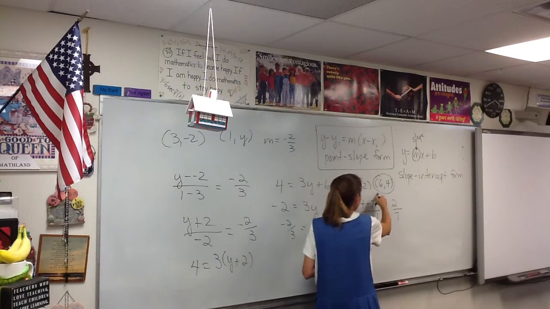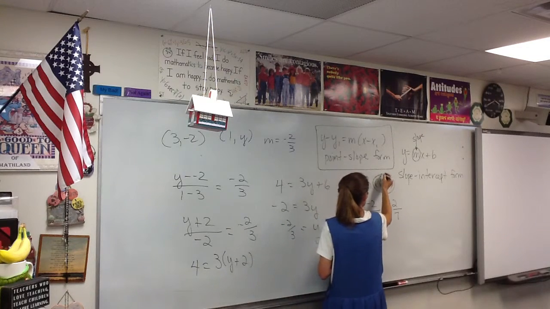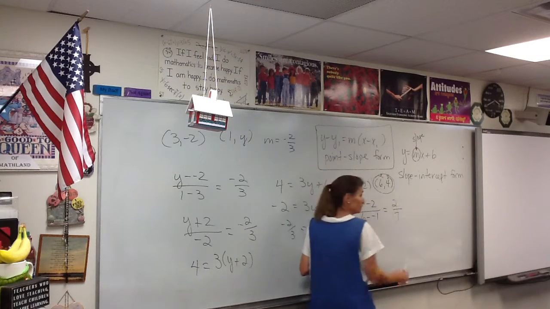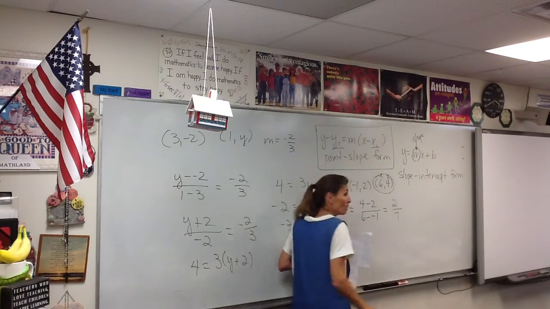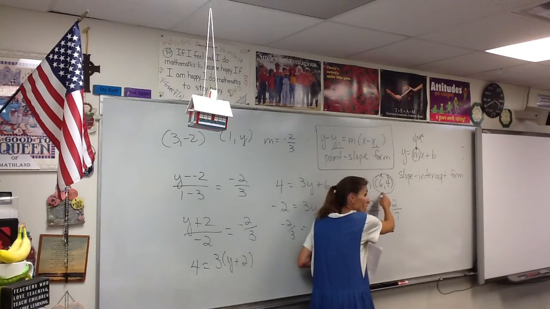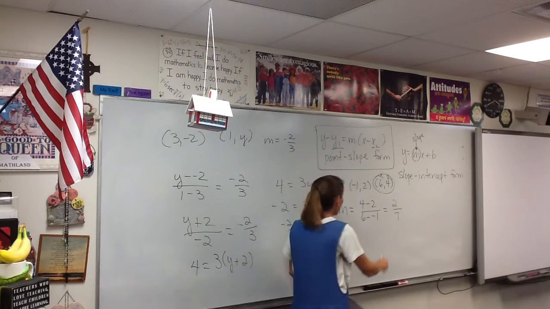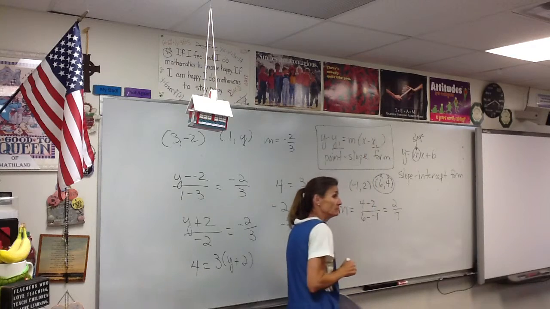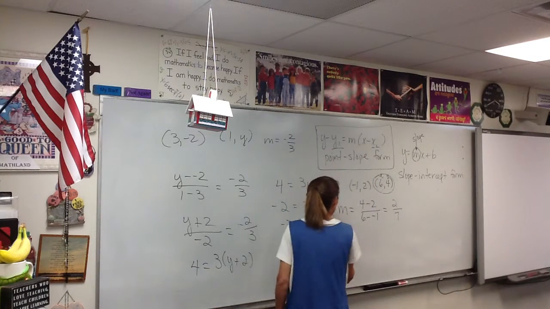Now that becomes, Mr. Devine, this becomes my x1, y1. See in the formula here, we have x1 and y1. The point you pick becomes that. We already know m. So here we go.